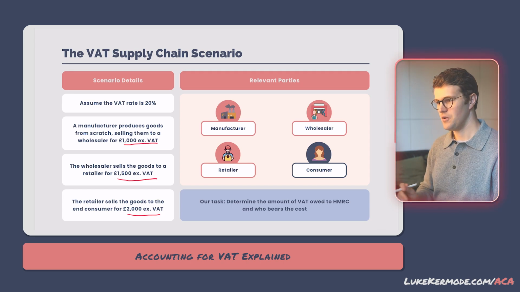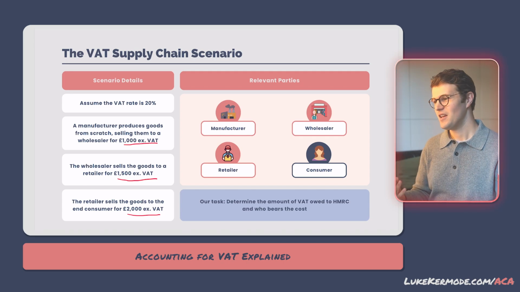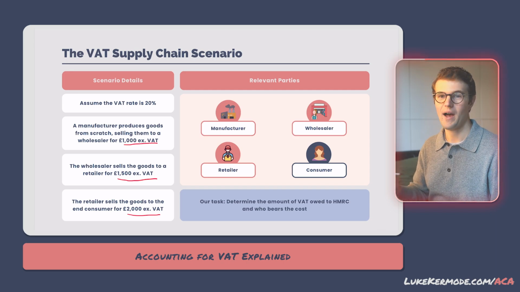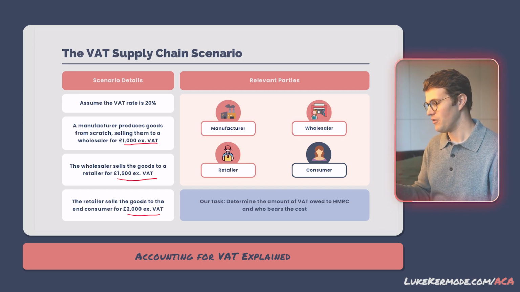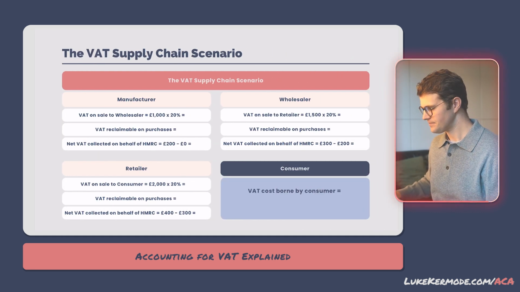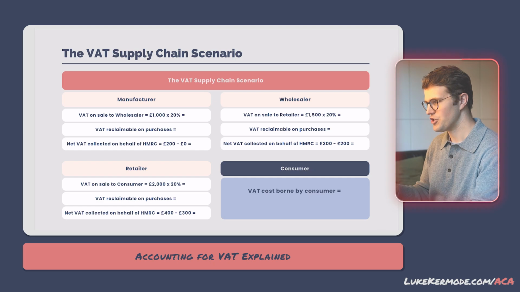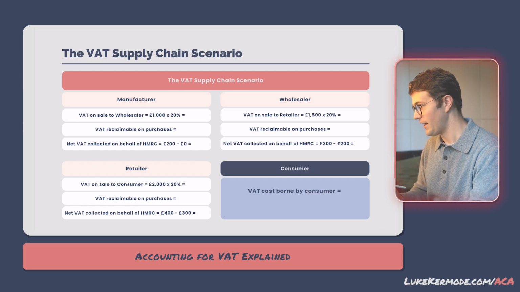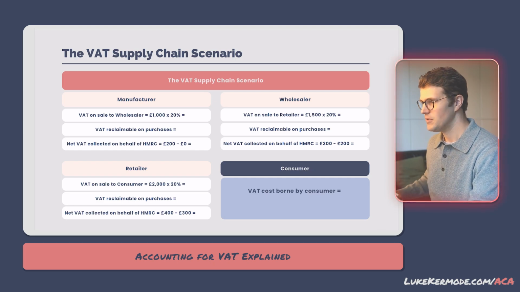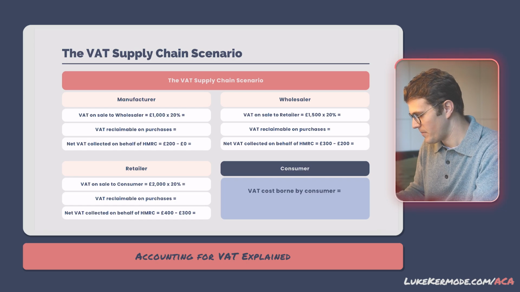Our task is to work out how much VAT is owed to HMRC, and more importantly, who actually bears that cost out of the four parties that we have on this slide. So let's explore the breakdown on the next slide. The manufacturer charges 20% VAT on their £1,000 sale, so that equals £200.